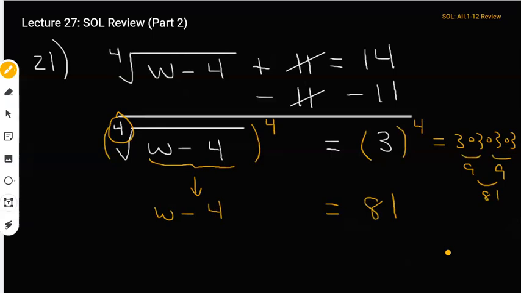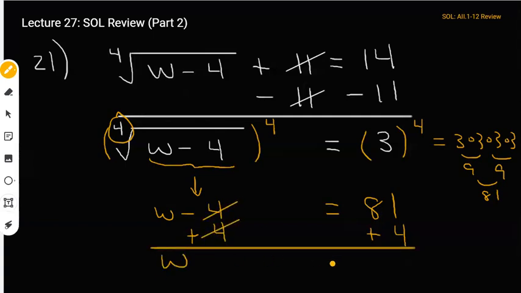And now the last thing that I need to do to get w by itself is to add 4 to both sides. And you should get 85 for your answer. So inside my solution set, I'm going to have 85 right here.